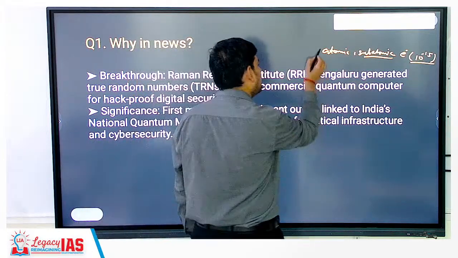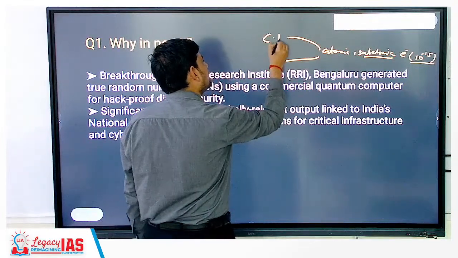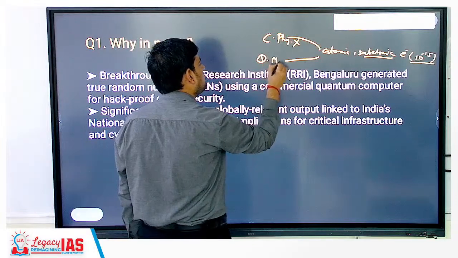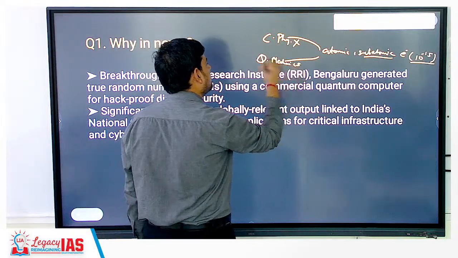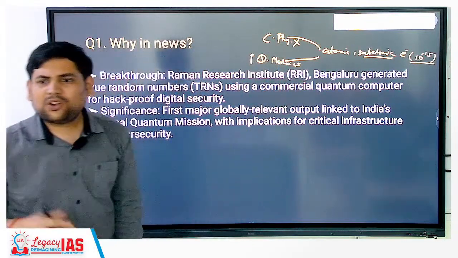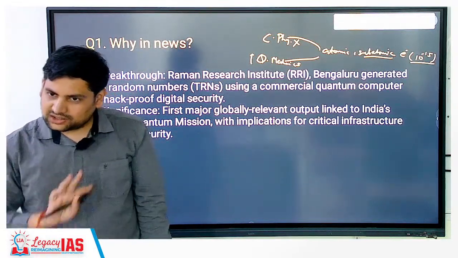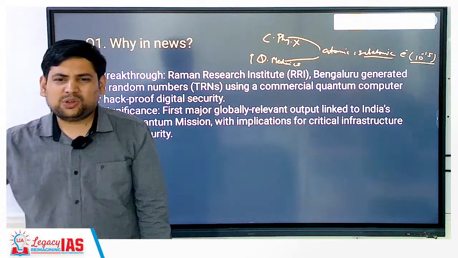So here classical physics stops working and quantum mechanics takes precedence. Quantum mechanics is a different kind of physics with different properties.